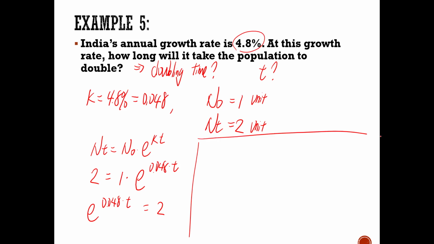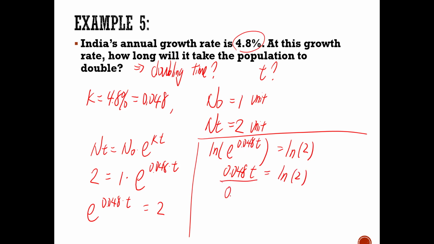Now you're taking ln from both sides of the equation, so ln of e to the 0.048t equals ln of 2. Then we offset ln and e, we end up with 0.048t equals ln of 2. Dividing both sides of the equation by 0.048, cancel that, time t by itself. So it's ln of 2 over 0.048.